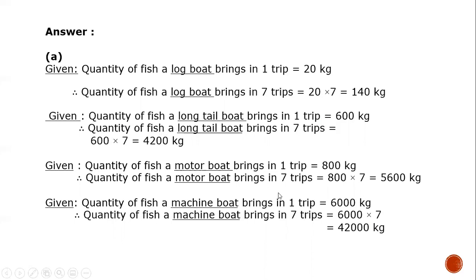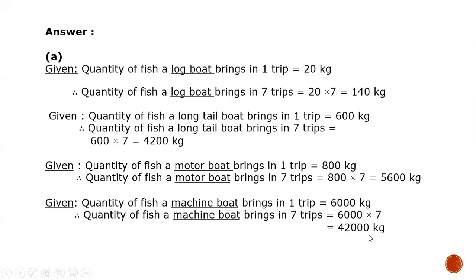If it is bringing 800 kg in the first trip, so in 7 trips it will bring 800 into 7, that is 5600 kg. Last boat is machine boat. If for the first trip it is bringing 6000 kg, so in 7 trips it will be bringing 42,000 kg. That is 7 multiplied by 6000, which gives 42,000 kg.